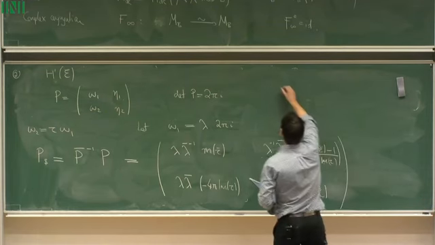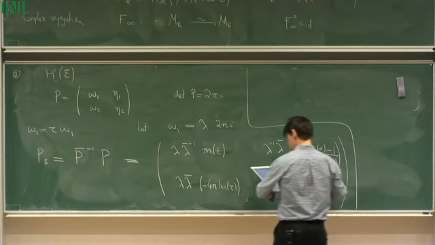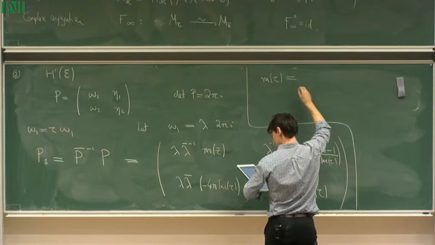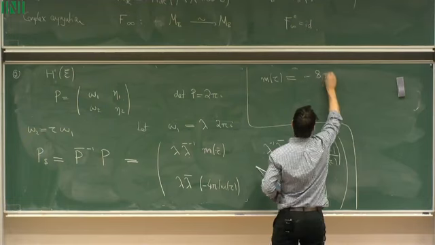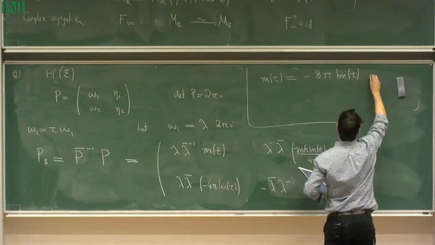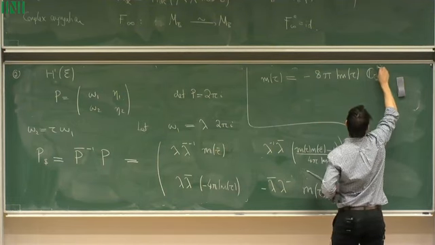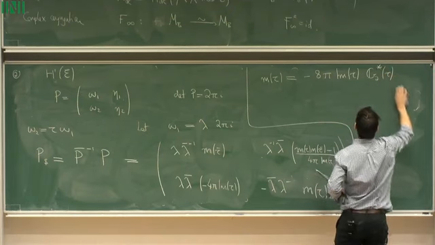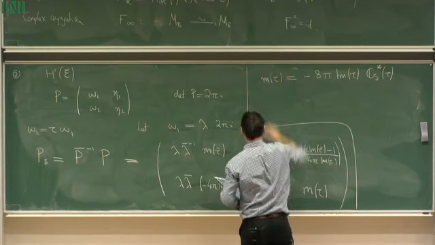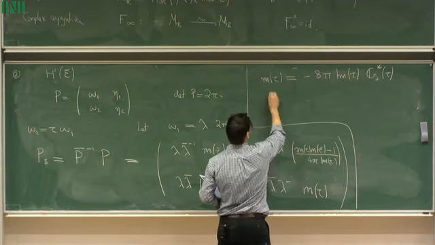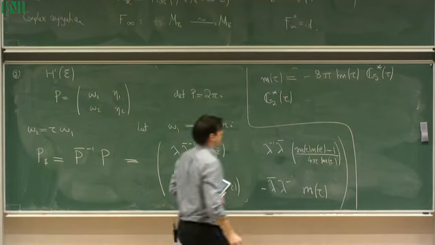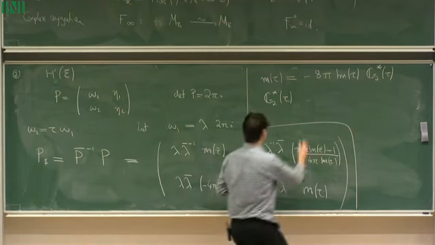Okay, so what is m? M of tau is minus 8 pi im tau, of G2 star tau. So m needs to be in purple. And G2 star is something that I always used to think was a bit of a curiosity, but it's very well known.